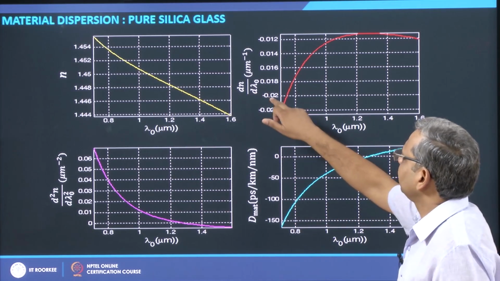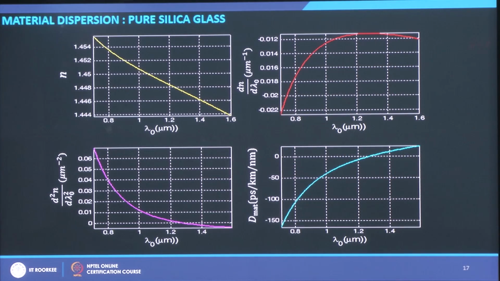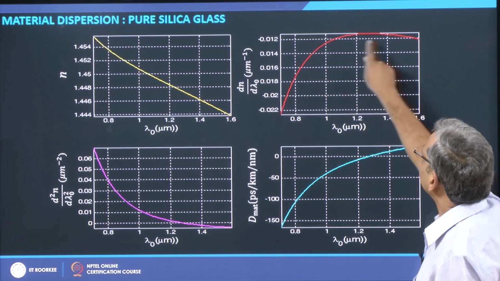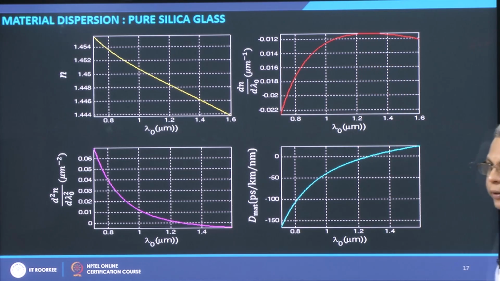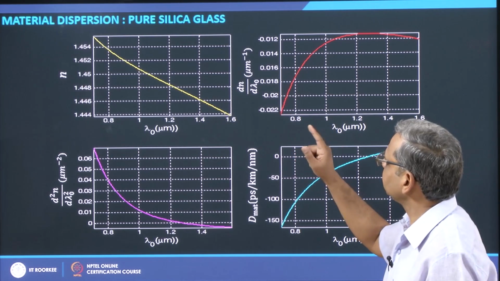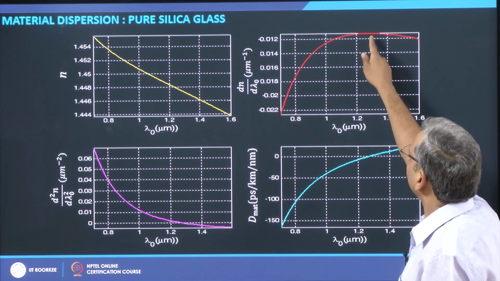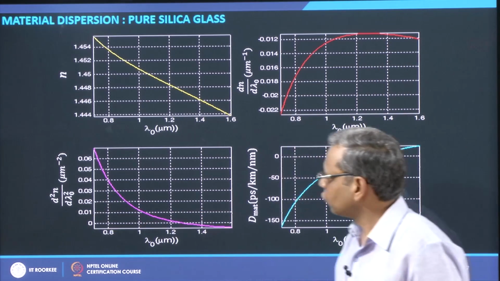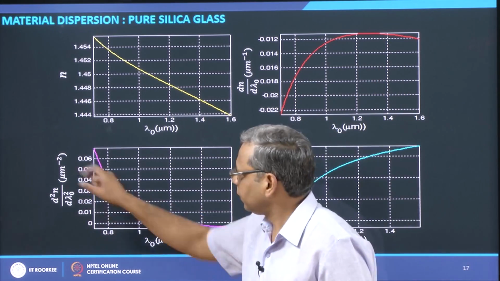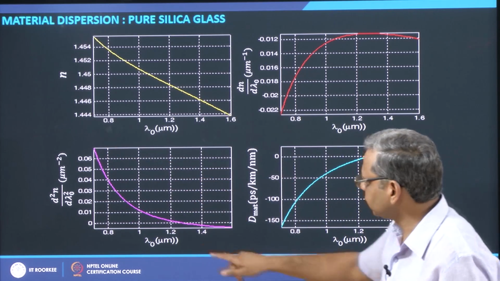Then dn over d lambda naught in the units of micrometer inverse, it goes like this, and what I find is that it changes its slope from here to here, and it has got a maximum somewhere here, and remember that in dispersion coefficient I need to have d2n over d lambda naught square, which means that it should cross 0 somewhere here. So, now I plot d2n over d lambda naught square in micrometer to the power minus 2, and I see the variation looks like this, and it crosses 0 somewhere here.